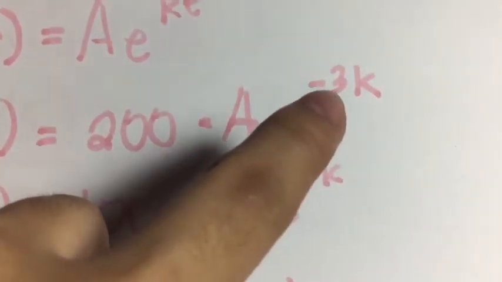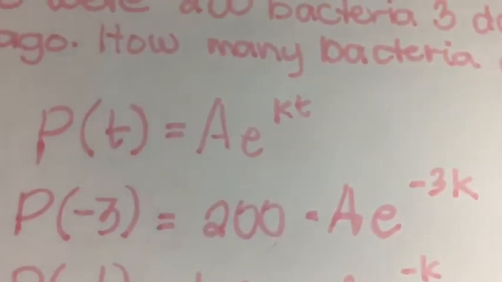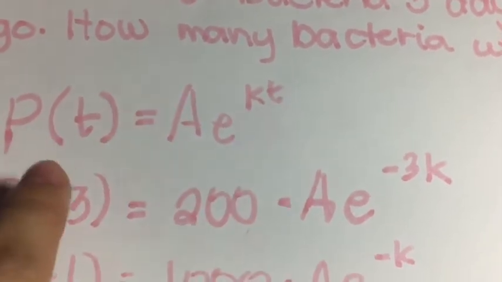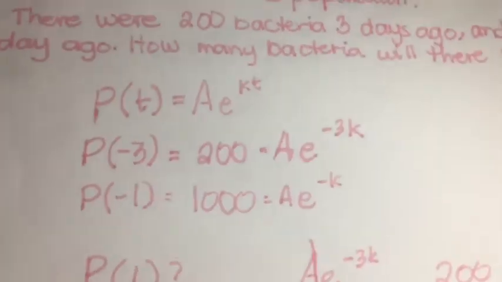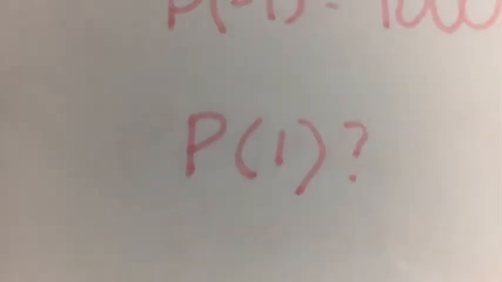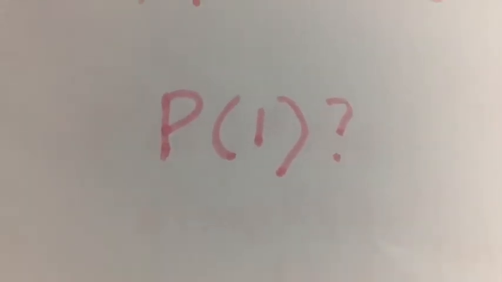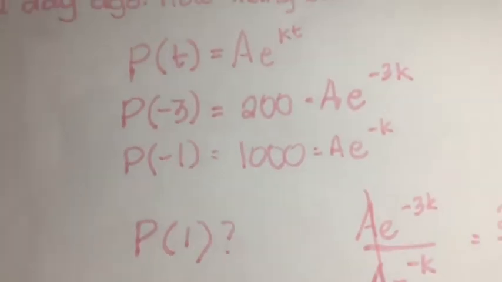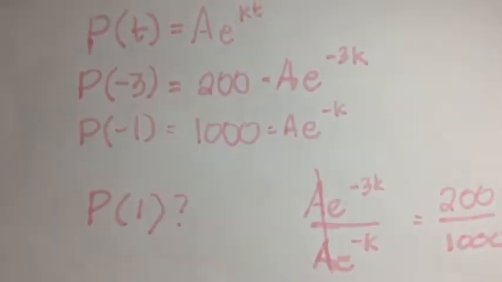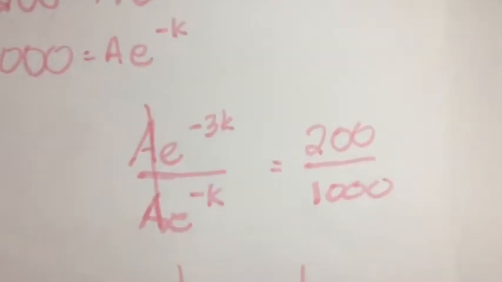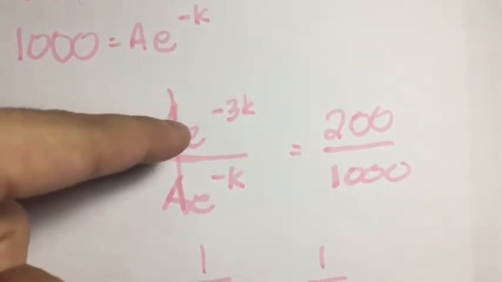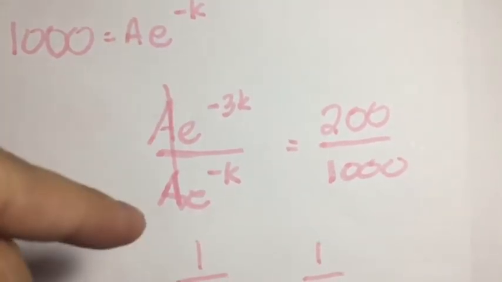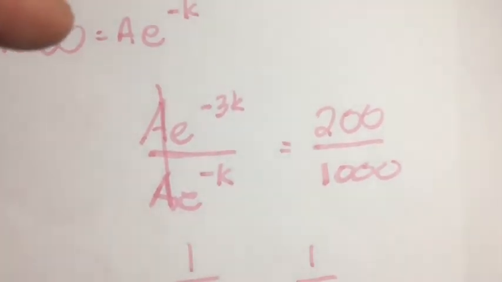The reason we have negative 3 is that, according to the formula, there's a t over here and a t over there, so you just substitute it. And then the question is, what is the number of bacteria 1 day after, or tomorrow? So with the two given equations, we're going to divide them. Ae^(-3k) over Ae^(-k) equals 200 over 1000.